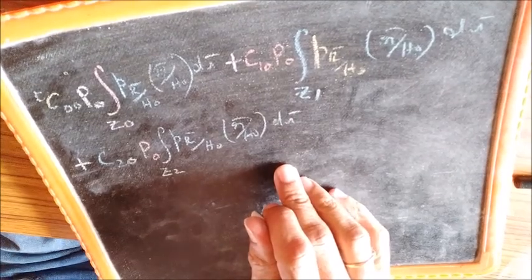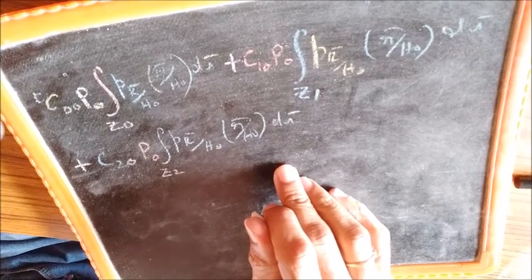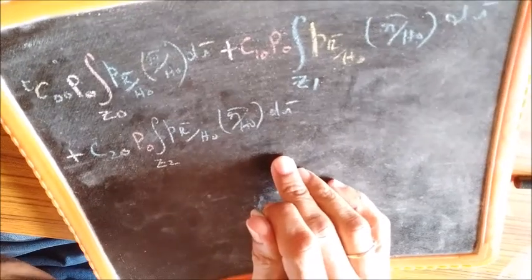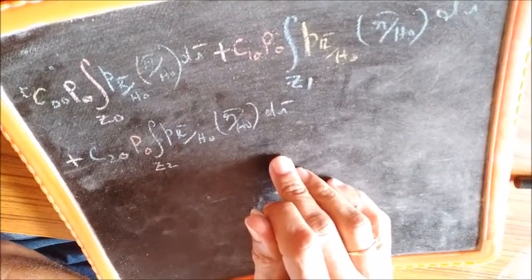So m minus 1 will be 2 because m is 3. If you go back to that summation, the outer summation has been expanded by keeping I as equal to 0.